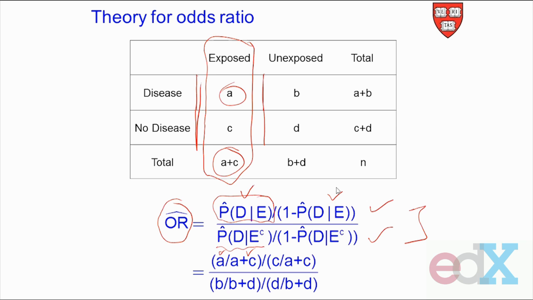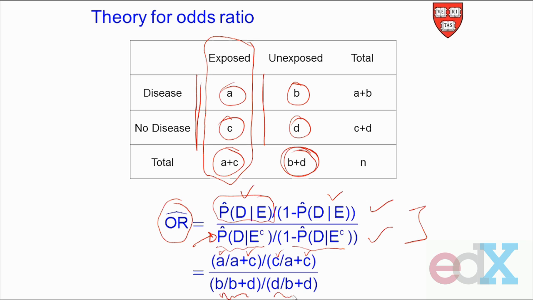Well, it's 1 minus that, which would be C over A plus C. How would you estimate the probability of disease amongst those who are not exposed? The probability of disease amongst those who are not exposed is B over B plus D. And how about the 1 minus that? That would be D over B plus D.